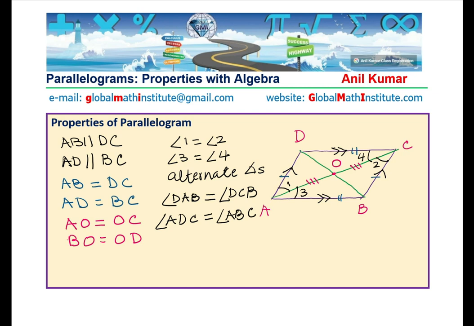One more I would like to mention is the sum of these two angles, which I am going to highlight. So the angle DAB plus angle ADC is equal to 180 degrees, correct? So you see, there are so many properties which are there for parallelogram.